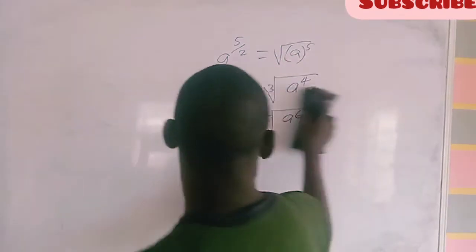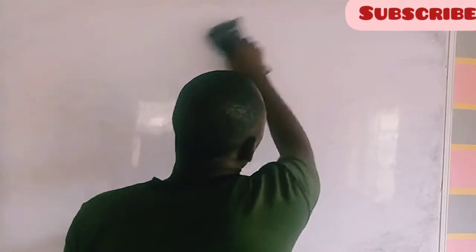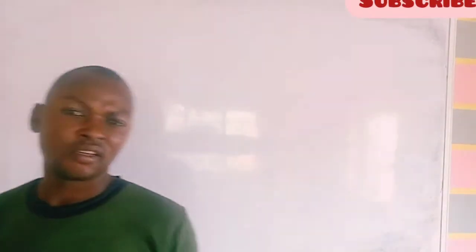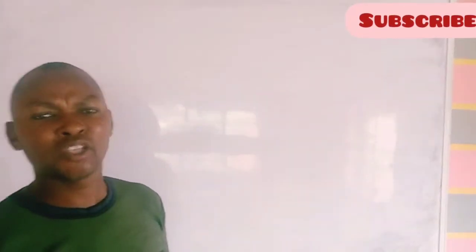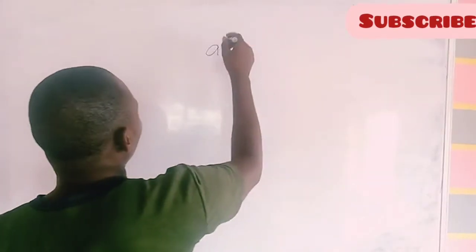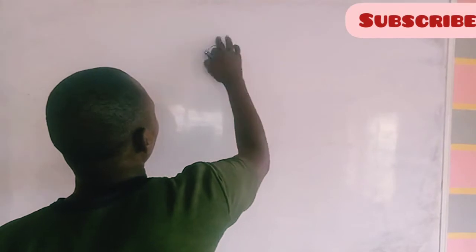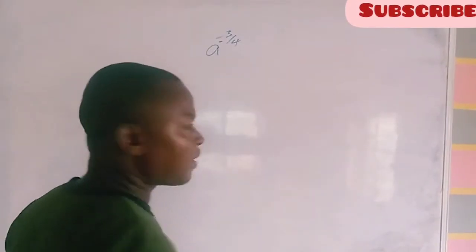We can also have it when it's negative. Anything raised to power negative fraction will result into the reciprocal of that thing, whereby the denominator becomes the root and the numerator becomes the power. For example, you have a raised to power minus 3 over 4.